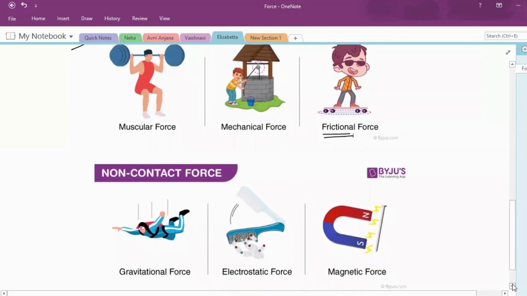There is also something called electrostatic force, which you will understand once you go further in the chapters. That is an electricity kind of thing. In that also, it's not necessary for objects to be in contact with each other. So there are these two types of forces: contact forces, where physical touch is important, and non-contact forces, where physical touch is not important.